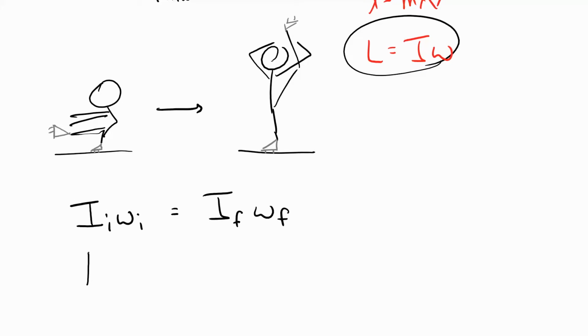In this case, I is much larger. The mass is spread out over a wider radius. So omega is going to be smaller. As the leg is pulled up and the body is pulled in to make a narrower frame, the rotational inertia decreases, the angular velocity increases.